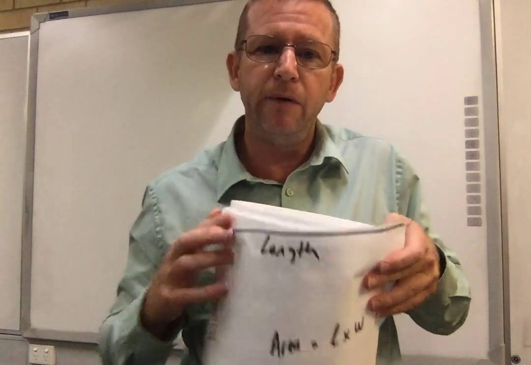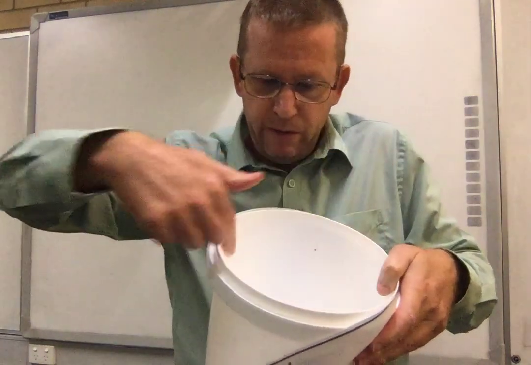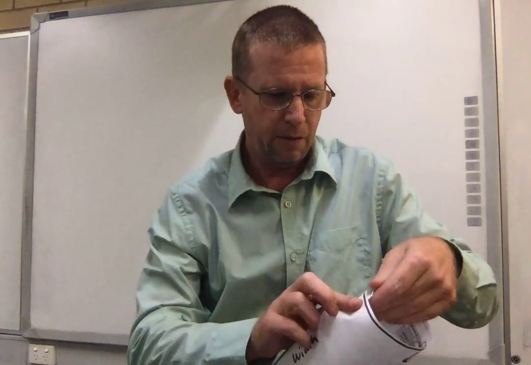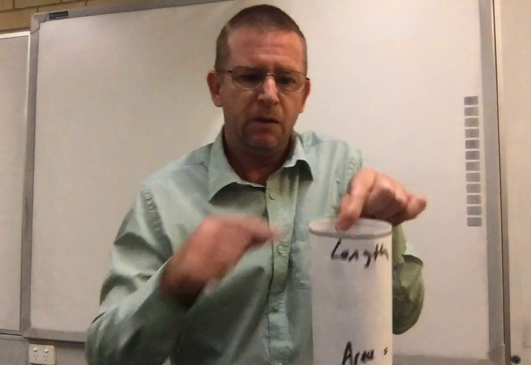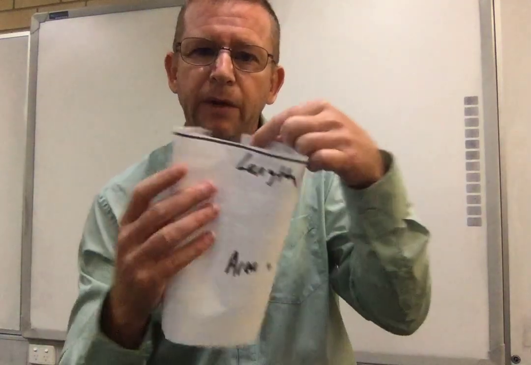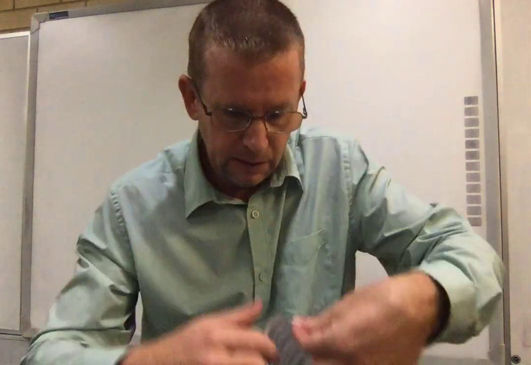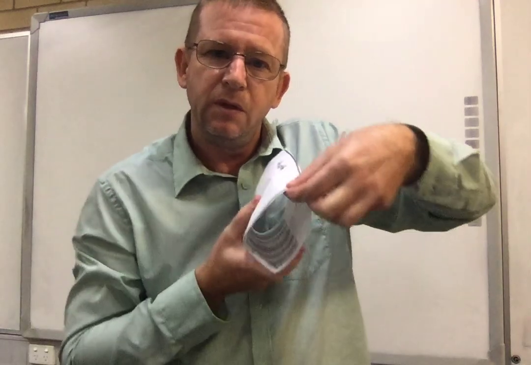This length of the rectangle goes all the way around the outside of your cup, remembering that a cylinder or a cup is just a rectangle circularized, yeah? So this length of the rectangle is the circumference of this circle.